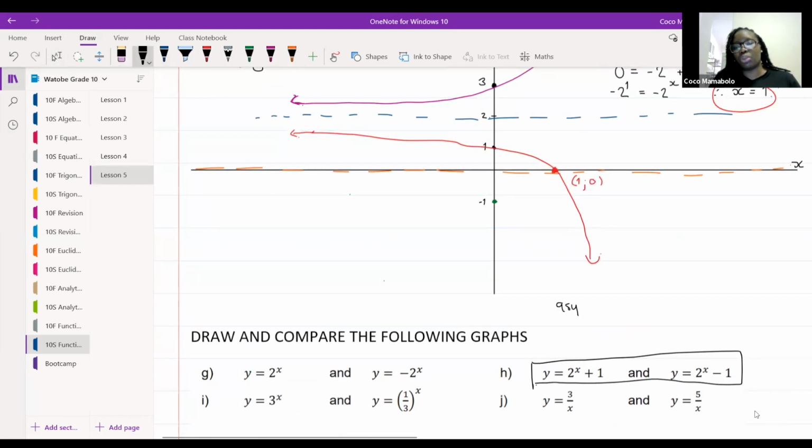We need an asymptote and a y-intercept for our positive graph. For our negative graph, we're also going to need an asymptote, but instead of just the y-intercept, we're also going to get an x-intercept. I'm going to give you 4 minutes to sketch both of these graphs. They're not difficult at all. When you're done, pop your favorite emoji in the chat. Okay, 4 minutes, go for it.